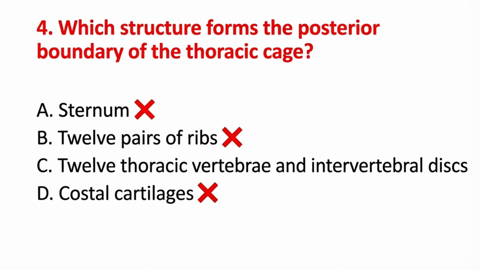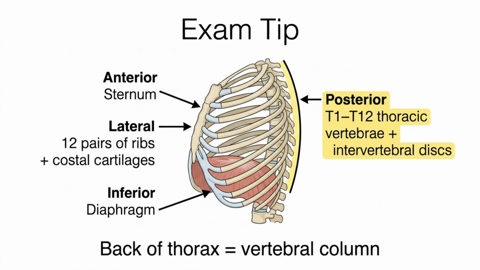Option D is incorrect because costal cartilages connect ribs to the sternum and contribute mainly to the anterior chest wall. Exam tip: remember the thoracic cage boundaries.